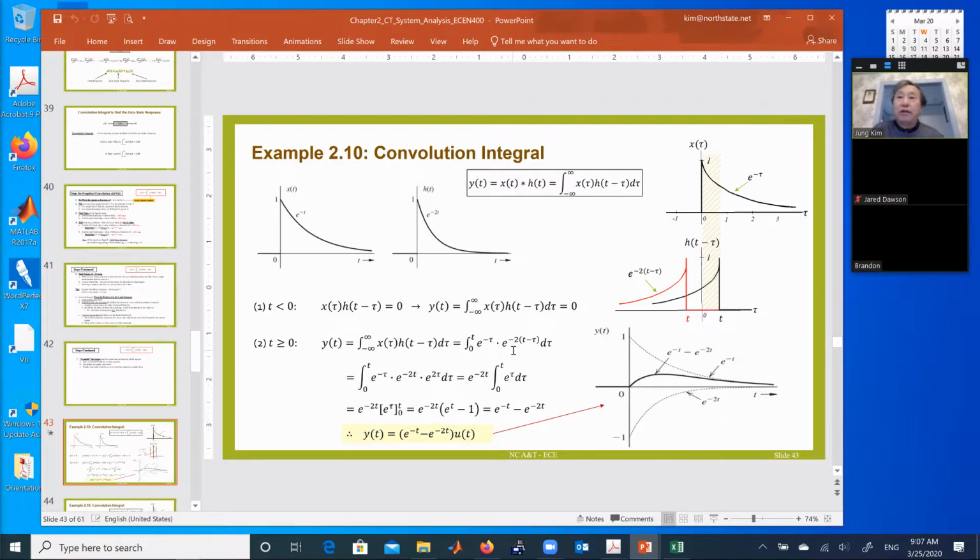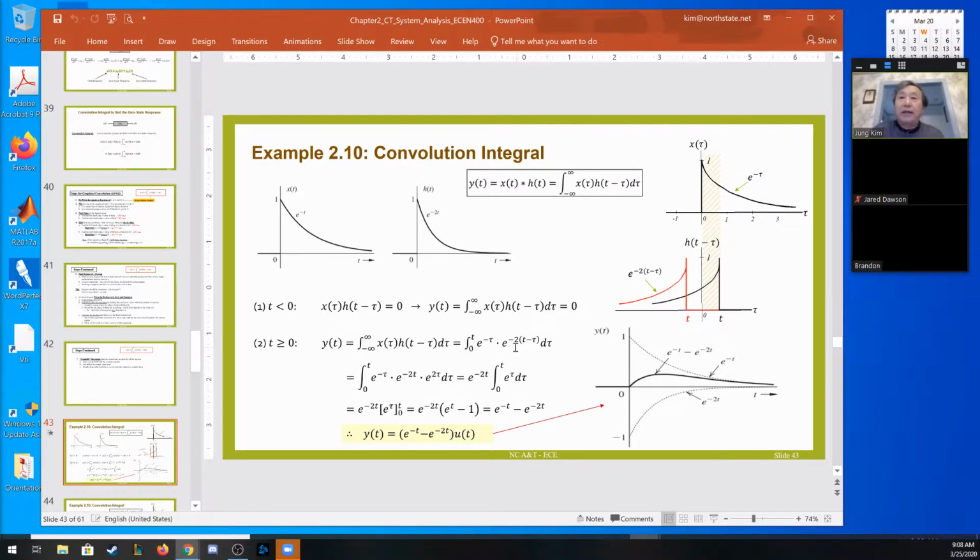The rest is the method of integration in the tau domain. Before that, we can expand this guy, e to the minus 2 parentheses t minus tau. We can expand that.